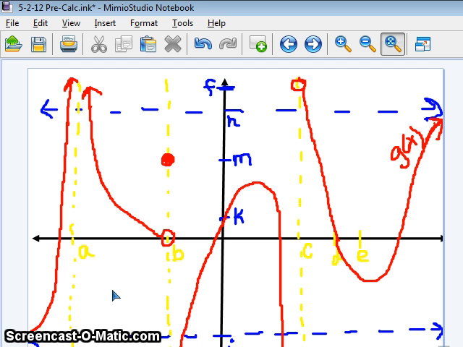Question number 9 asks me to find the limit of g of x as x approaches c. As x approaches just c, not c from the positive and not c from the negative. Why does the limit not exist?